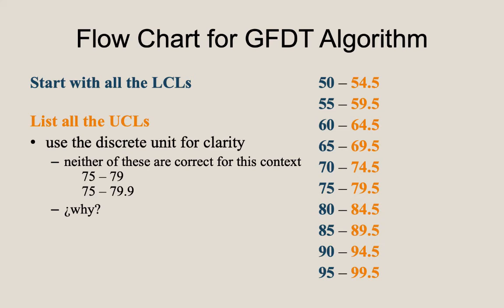So we want to note that we're not counting from 75 to 79 or 75 to 79.9. While those might be reasonable intervals for other types of discrete data, this data is counting by 0.5, so it would be better to write the interval as 75 to 79.5, as that gives us a bin in which every value that might be found in the data set can actually go.